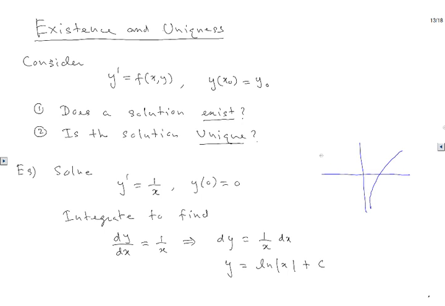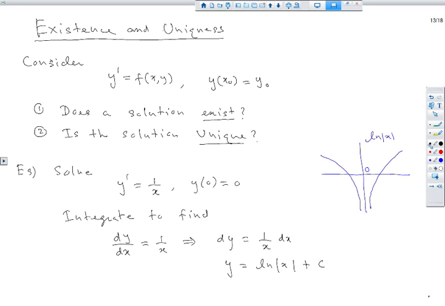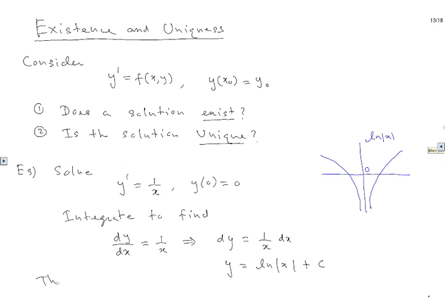That is the graph of the logarithmic function on the two sides, because of the absolute value. At 0, the function does not exist. So how do we find it? There's no way you can find it. Because of that, you can see that this does not satisfy the initial condition.